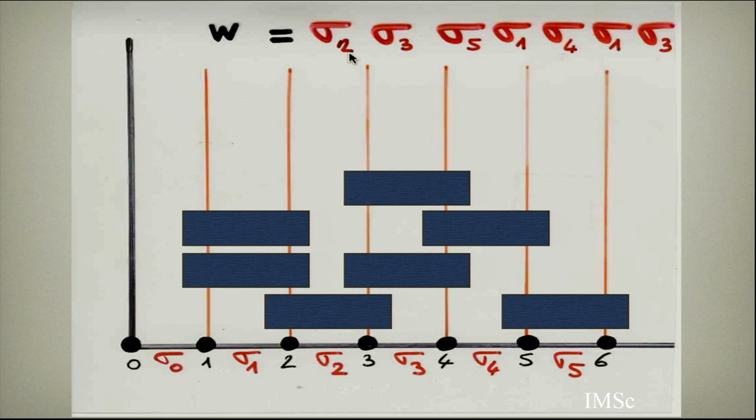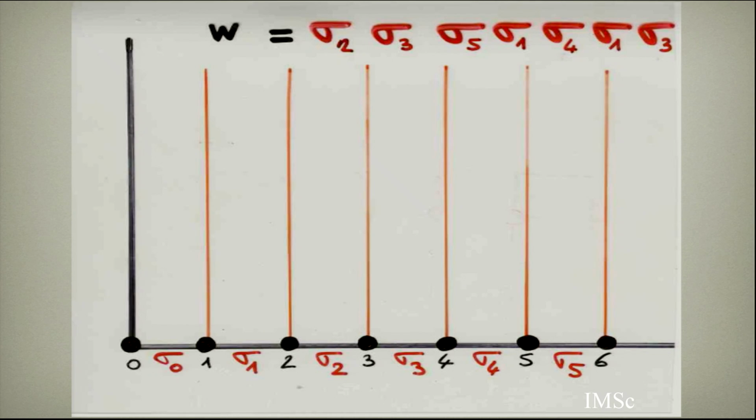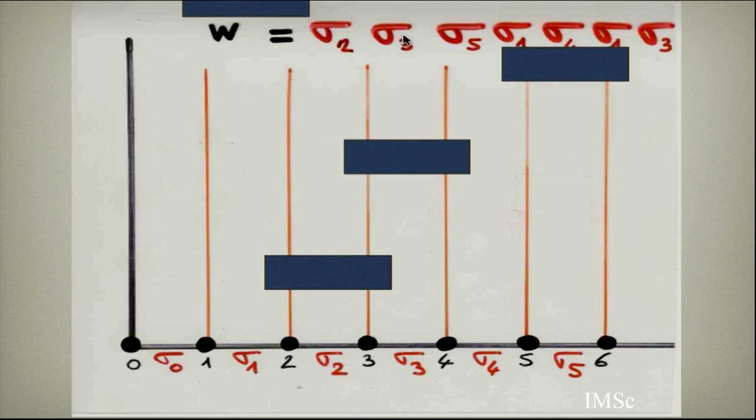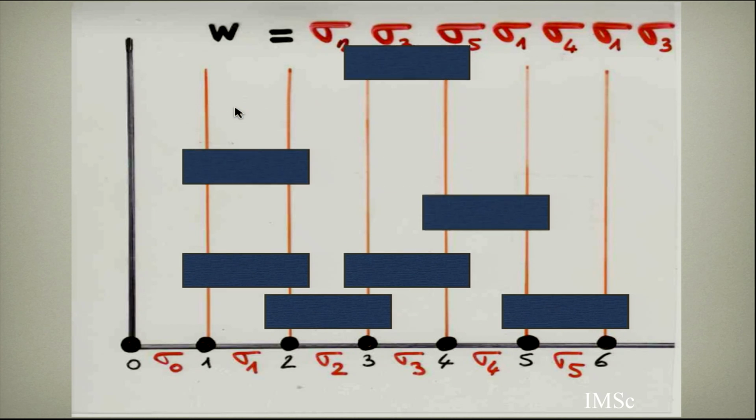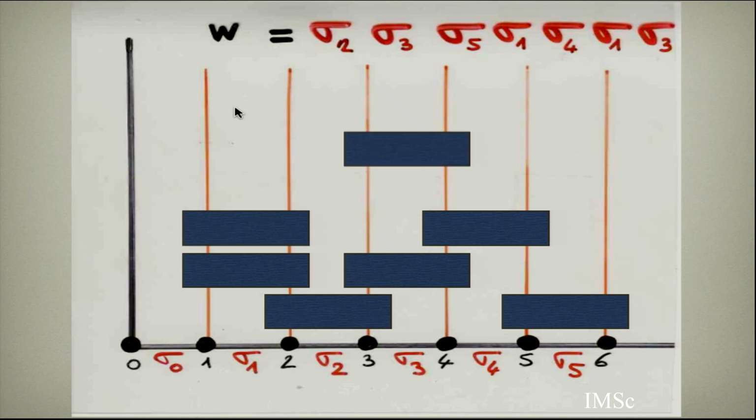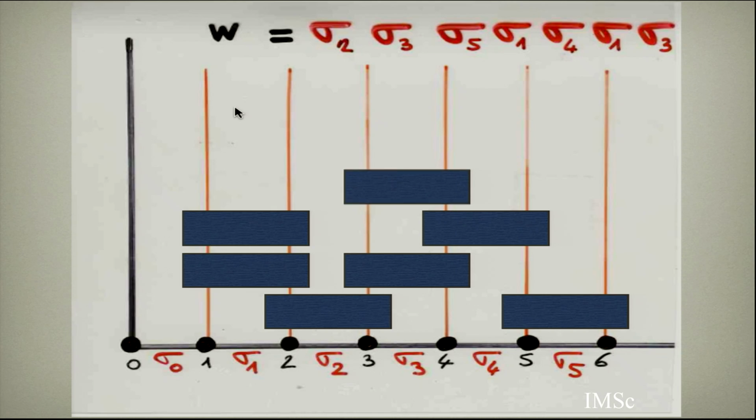And here you have a word, which means the first diamond which fell down was in the column sigma 2, the second diamond was in the column sigma 3, etc. So if I just repeat it, the first diamond which falls down is sigma 2, then the second diamond in sigma 3, then sigma 5, then sigma 1, then sigma 4, etc. So when you have a word like this, you get a heap of diamonds. You forget in which order, you forget the word, but you keep some information by looking at the heap. So this is the intuition behind heaps.